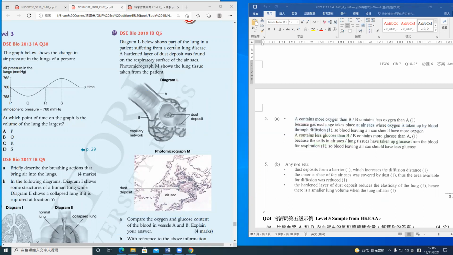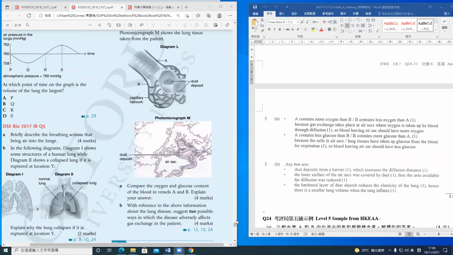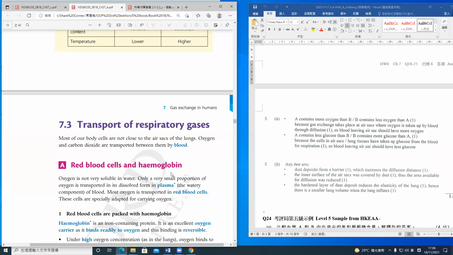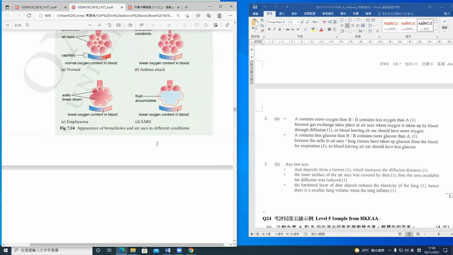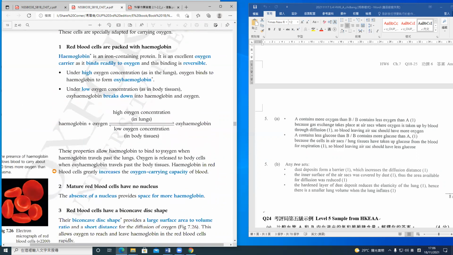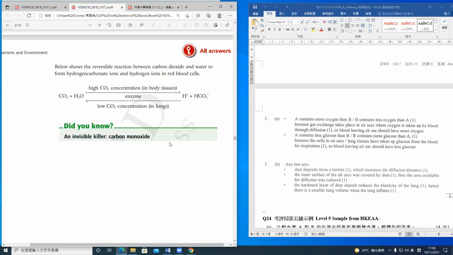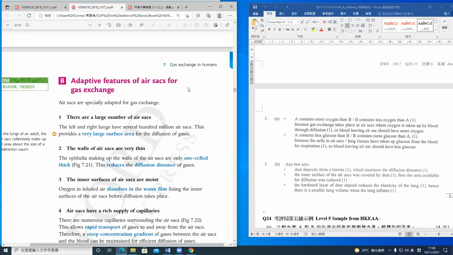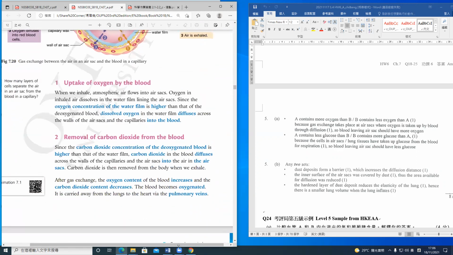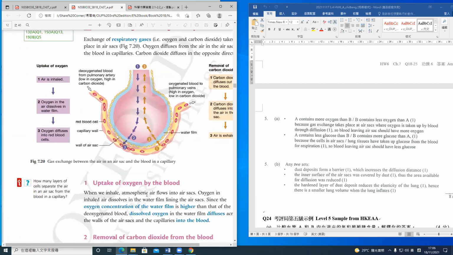Next one, you have to understand the structure of the air sac first. So you can go to this page, page 12. Let me draw a diagram.